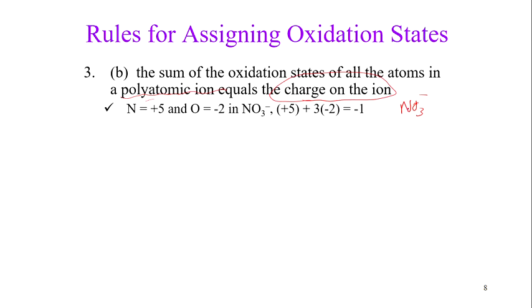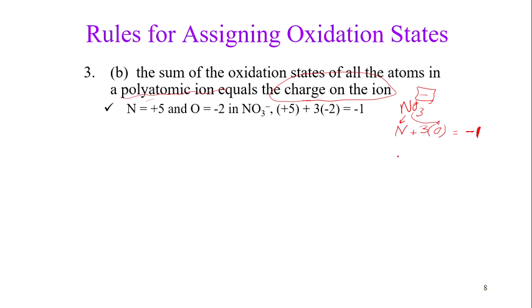I say the oxidation number of nitrogen plus, we have 3 oxygen, times the oxidation number of oxygen. If we add them, it should be equal to 1 negative. So the oxidation number of nitrogen, if I know that, and the oxidation number of oxygen, if I know that, because we have 3 oxygen, we multiply by 3. So the summation is going to be the same as the charge, 1 negative.